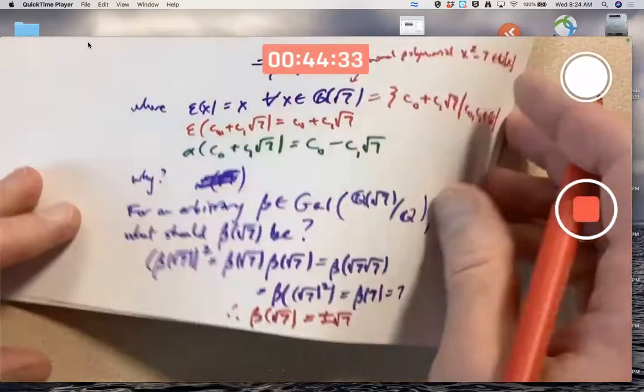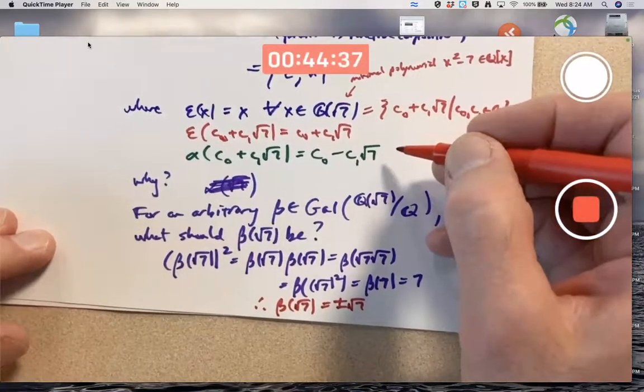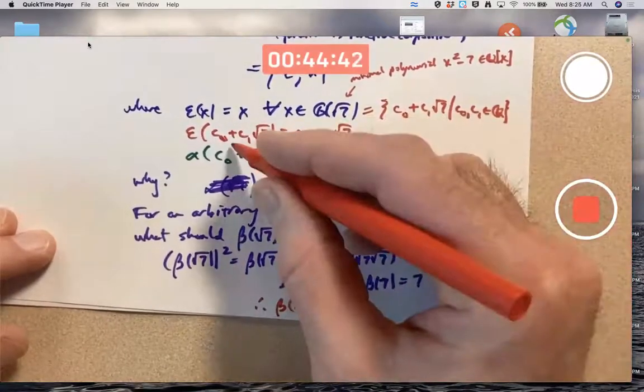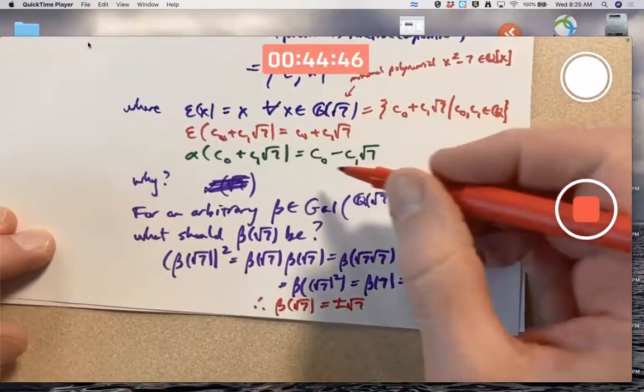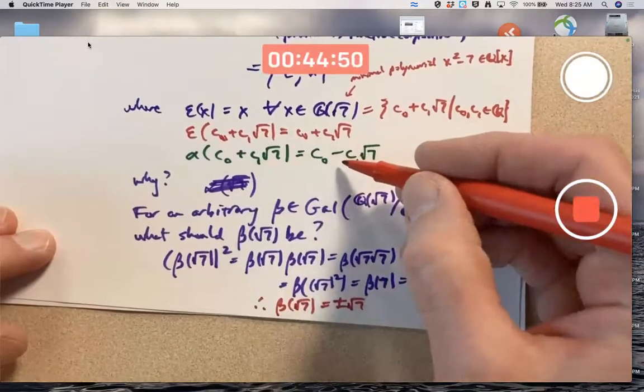And coming back to the actual elements, the symbols that I used, epsilon and alpha, epsilon is the one that maps root 7 to itself, because the plus sign here and here, those 2 plus signs match. And alpha is the one that maps root 7 to negative root 7, because this plus sign changed to a minus sign.